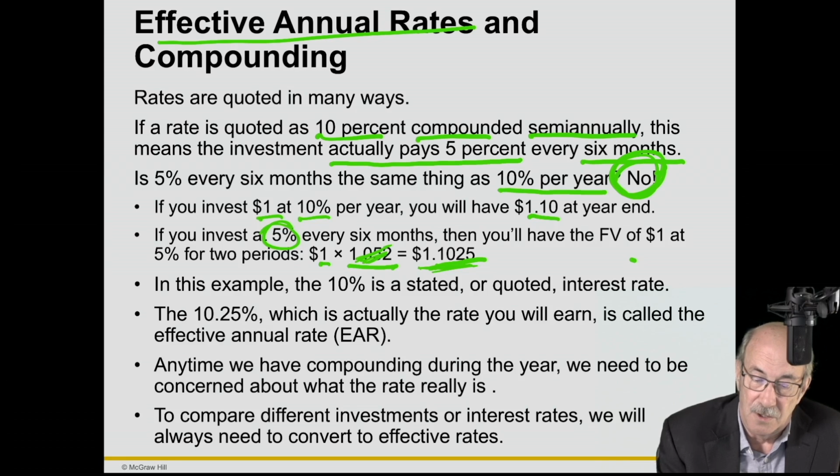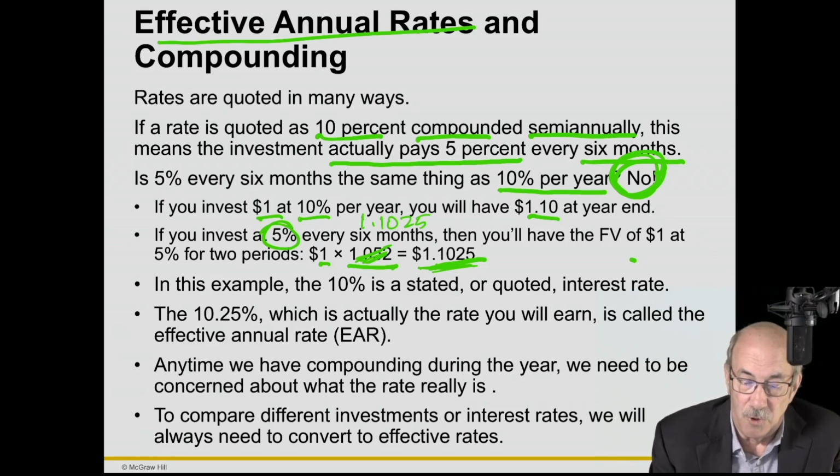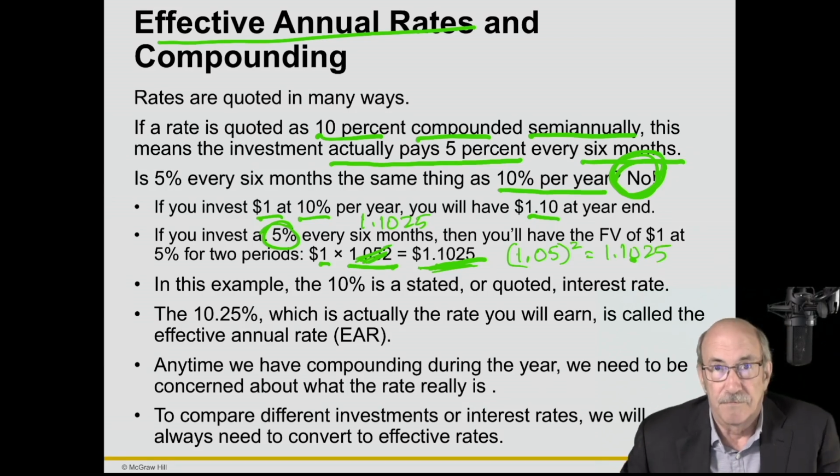This actually is incorrect on the slide. That factor should be 1.1025. And where do we get that? Well, it's 1.05 squared. All right.